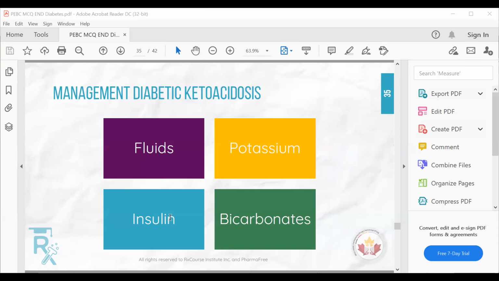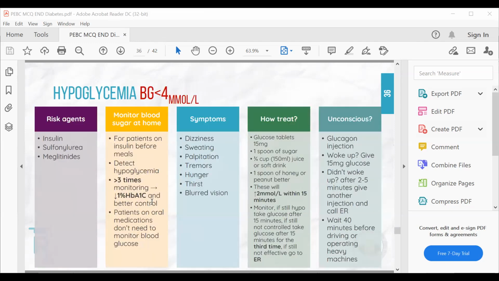If it's under control, I will give insulin. If it's very low, I will give potassium first, then I can give insulin. Okay, so the sequence is fluids, potassium, insulin, and at the end, I need to overcome the acidity by giving bicarbonate to equalize the pH in the patient's body.